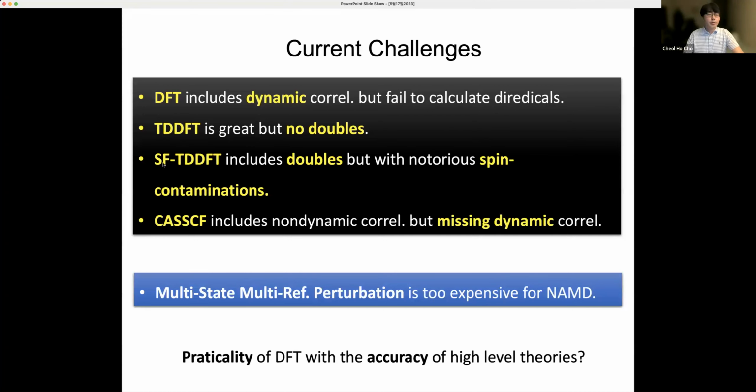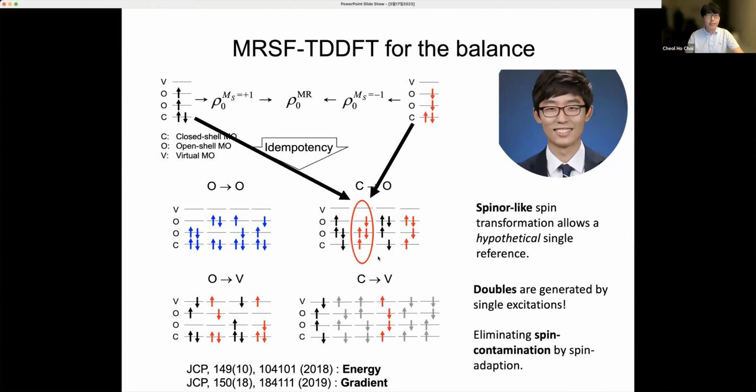So we looked at spin-flip TDDFT because that includes doubles, even though this is linear response theory. If we can somehow resolve the spin contamination problem, then maybe this theory can work very well. Well, it turned out we're not the first ones to think about it. There are wonderful people who already talked about this.